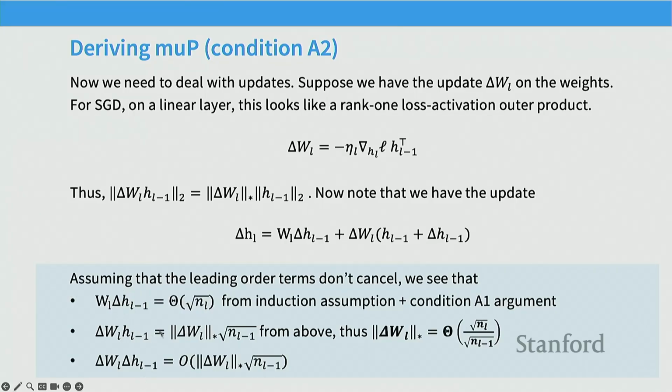The more complicated parts are the second and third terms, delta W_L h_{L-1} and delta W_L delta h_{L-1}. Sorry, that's quite the mouthful. They all have the same order of magnitude, actually, and the only thing that we need to really figure out is this expression here: the product of the previous layer's norm times the operator norm of delta W_L, right? Because we don't really know how big the update is going to be in the weight matrix W. If we knew that, all very straightforward stuff.